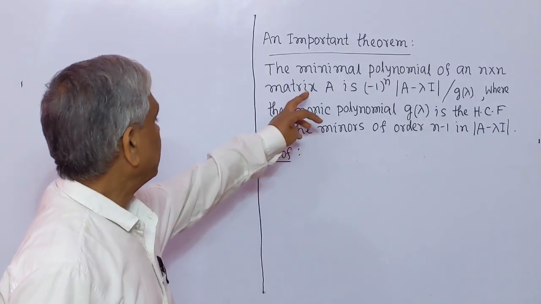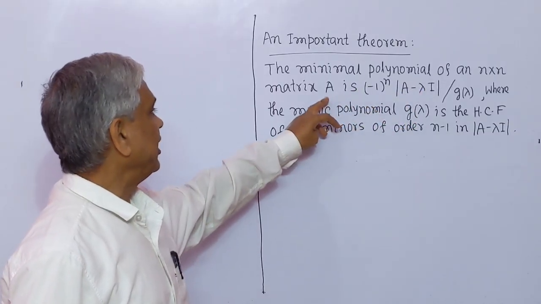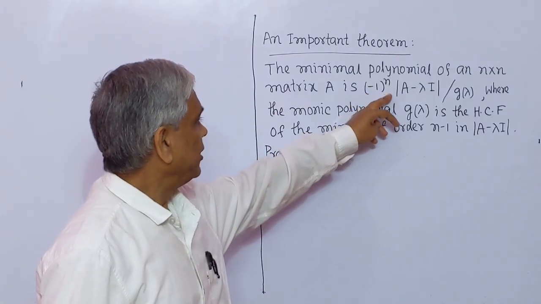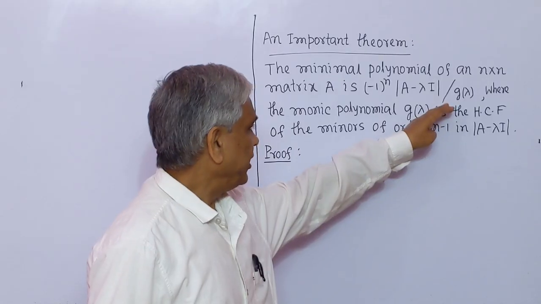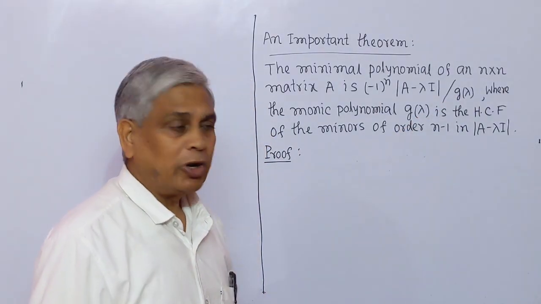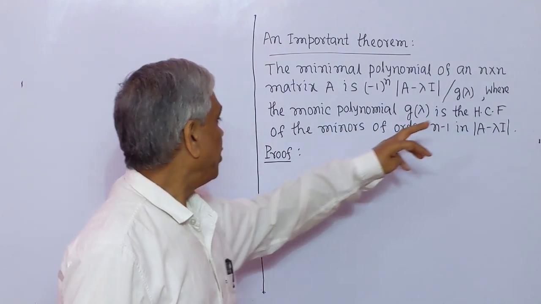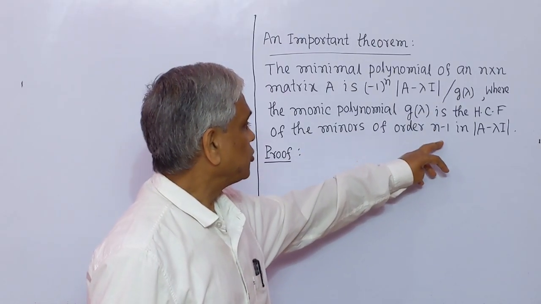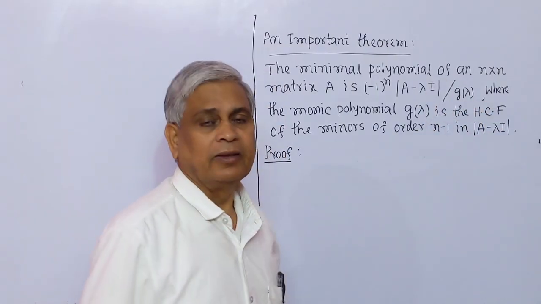The theorem is: the minimal polynomial of an n by n matrix A is (-1)^n determinant of (A minus lambda I) divided by G lambda, where the monic polynomial G lambda is the HCF of the minors of order n minus 1 in determinant of A minus lambda I.